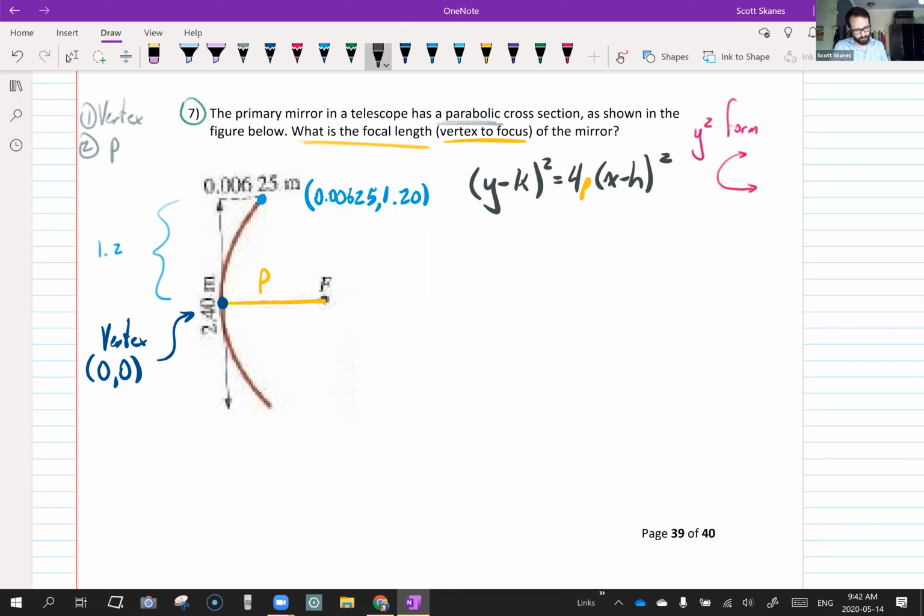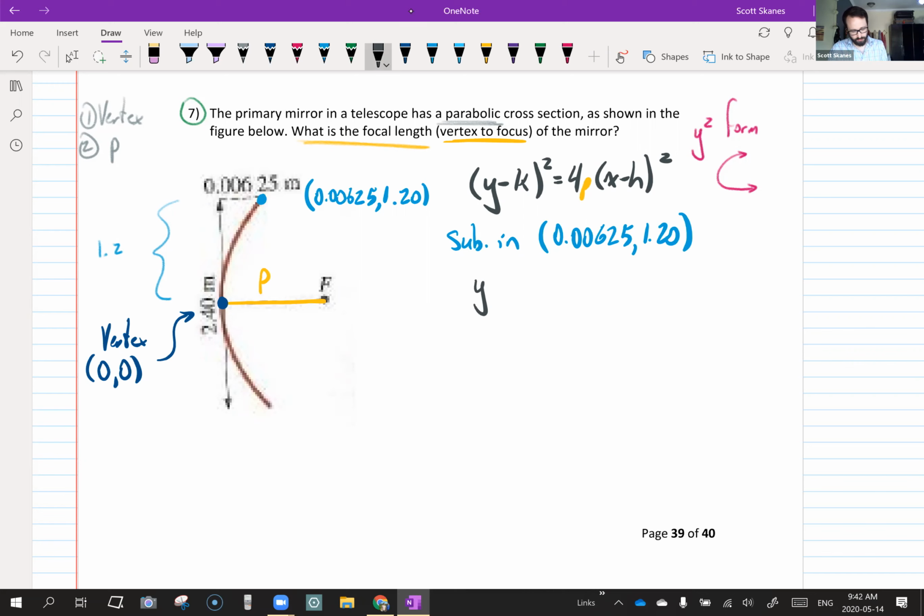So let's put in everything we know. We know a y value, we know h and k, we know our x. So we're going to substitute in 0.00625 and 1.20. Hopefully you're seeing a pattern here.